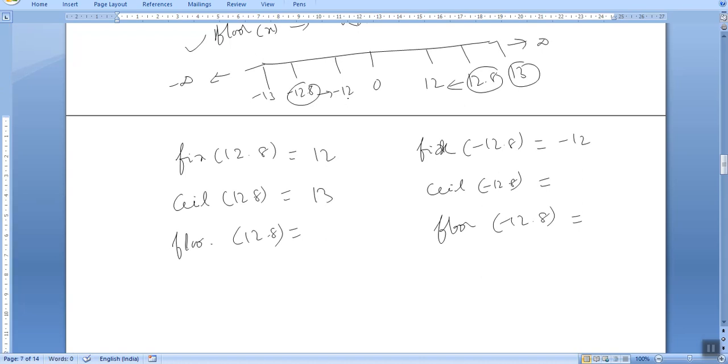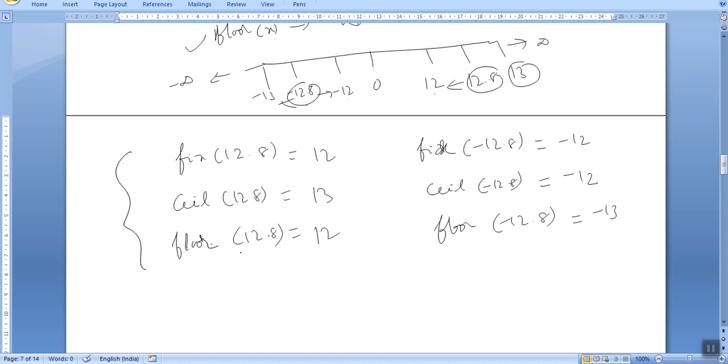Ceiling of minus 12.8 towards positive infinity is minus 12. Floor of 12.8 towards negative infinity is 12. Floor of minus 12.8 towards negative infinity is minus 13. You should know the difference between these three functions: fix, ceil and floor.